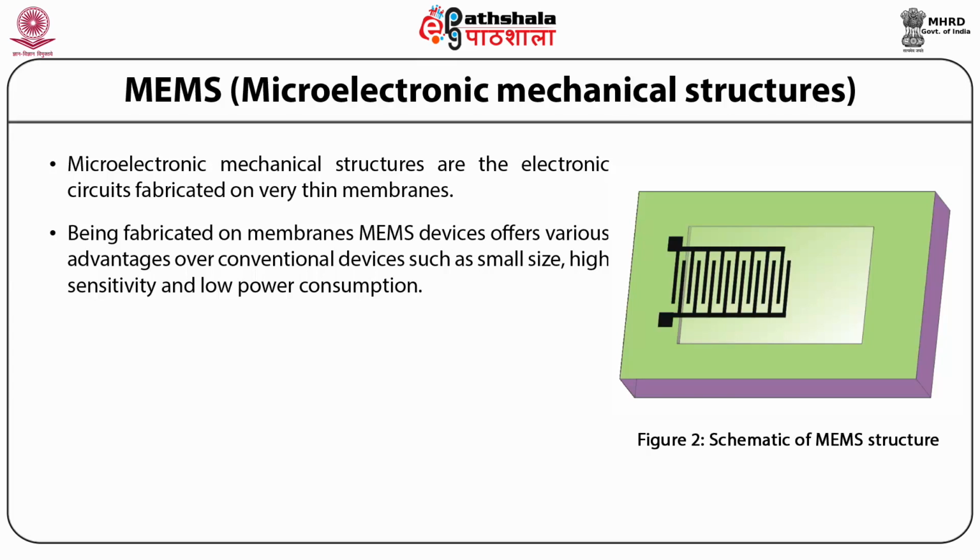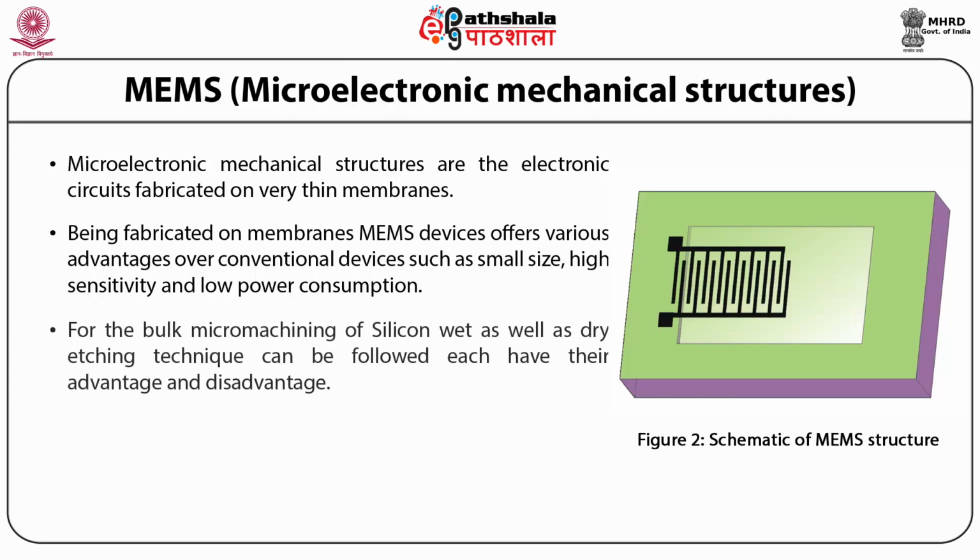Now here, silicon bulk micro machining is used in order to fabricate the MEMS devices. So for the bulk micro machining of silicon, wet as well as dry etching technique can be followed. Each have their advantage and disadvantage.